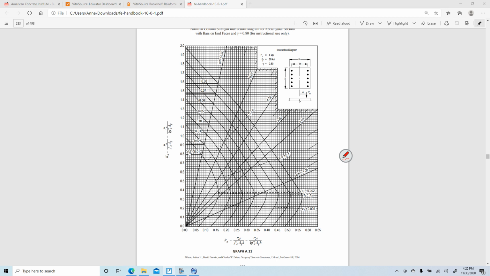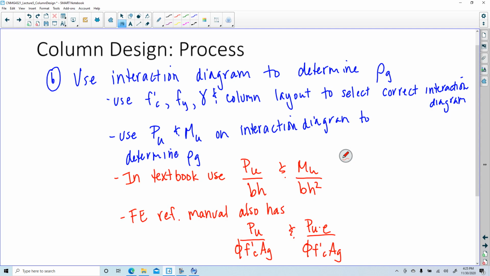Okay. 0.65 or 0.75, right? 0.65 is ties, 0.75 is spiral.